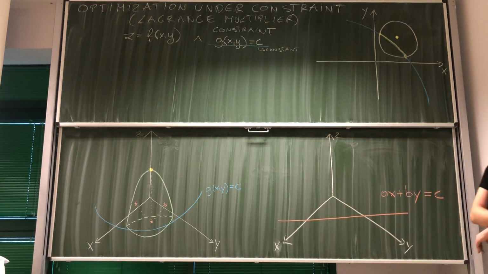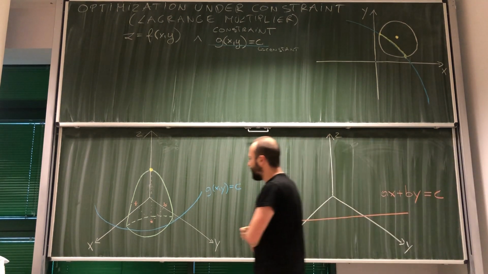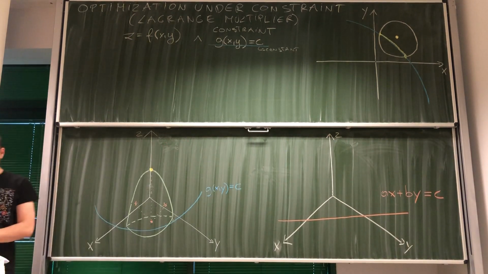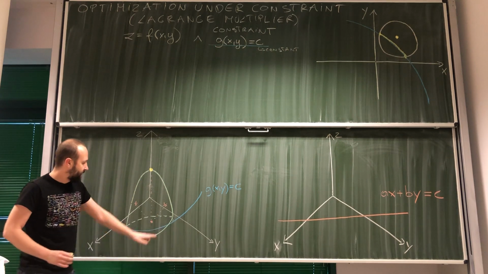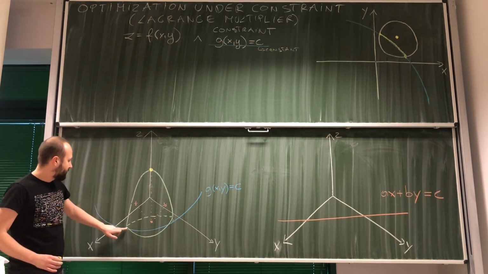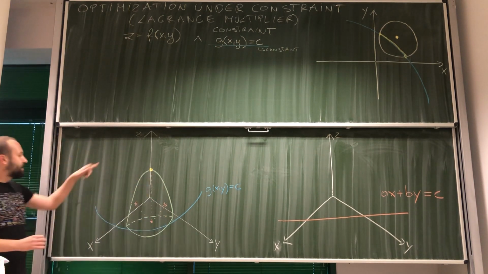So what is permitted for us to choose now are only those values of z that are above this line, and they are on a sphere.